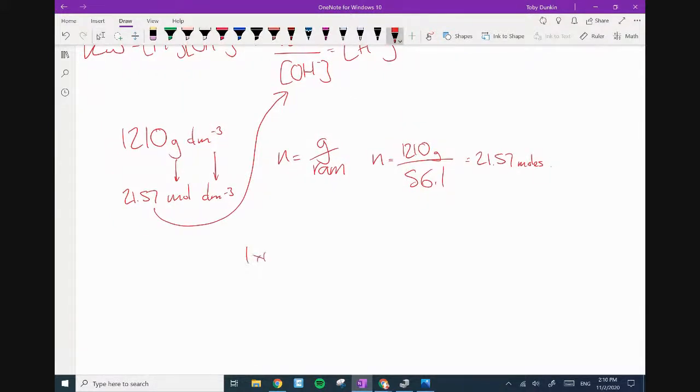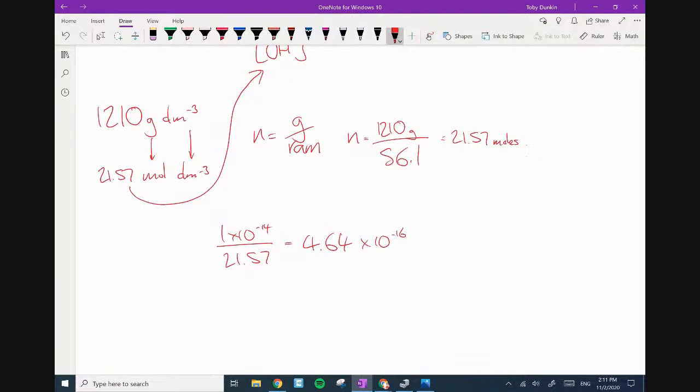So 1 times 10 to the minus 14 divided by 21.57 gives me 4.64 times 10 to the minus 16. This is a saturated solution. Minus log answer. And I get an answer of 15.3.